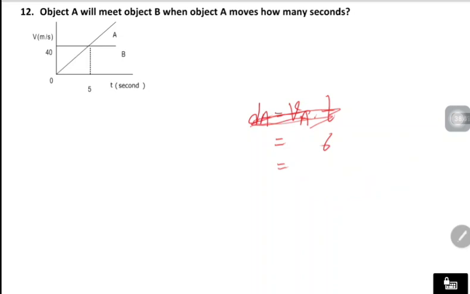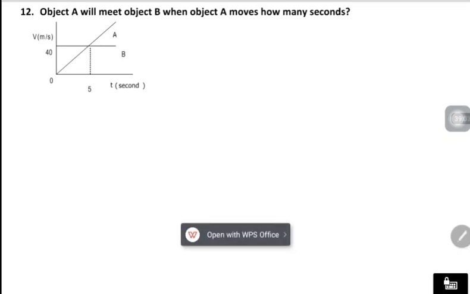When we look at the graphic below, we know that the graph line of A goes higher and higher, which means object A moves with accelerated motion, increasing. But for object B, the straight line remains constant at 40 meters per second, so object B moves in uniform linear motion.